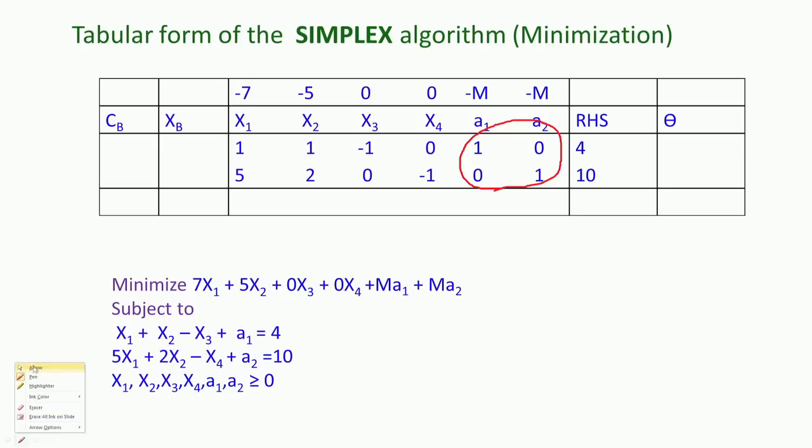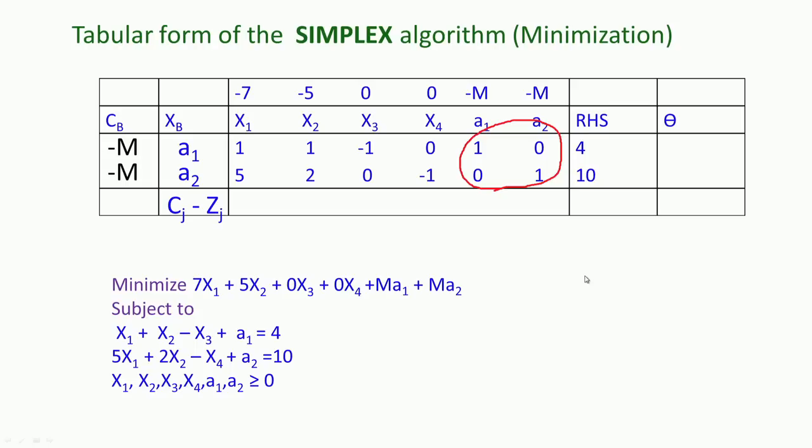Therefore I will start the table with A1 and A2 as my first set of basic variables. The objective function coefficients are -m and -m, which are taken from these two positions.